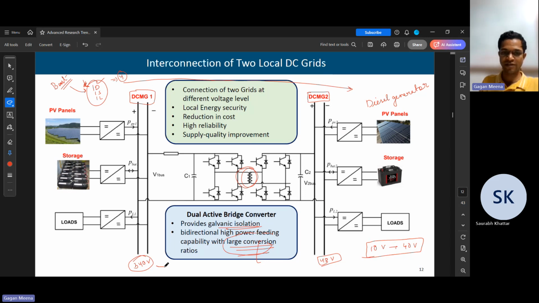But if you see the conversion ratio here, what is the conversion ratio we require here?